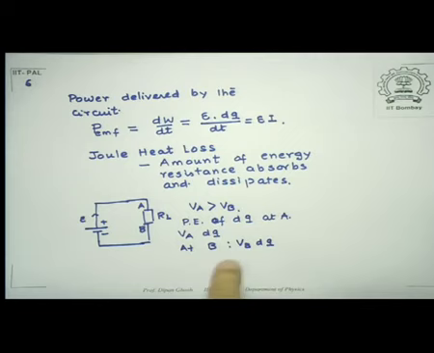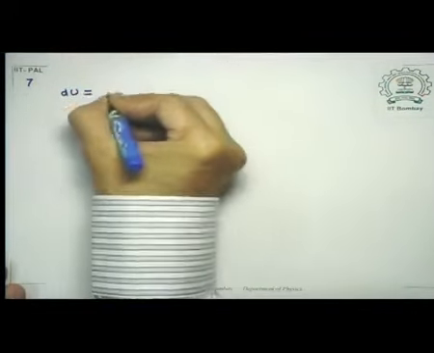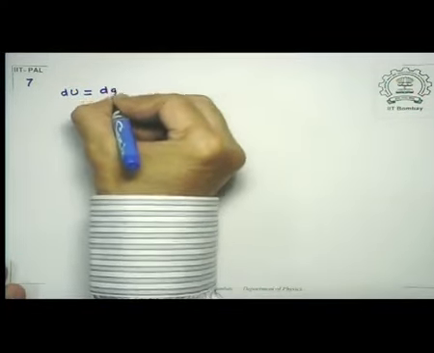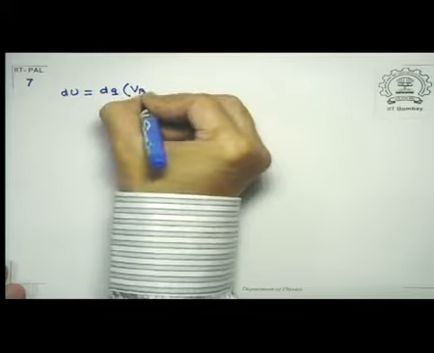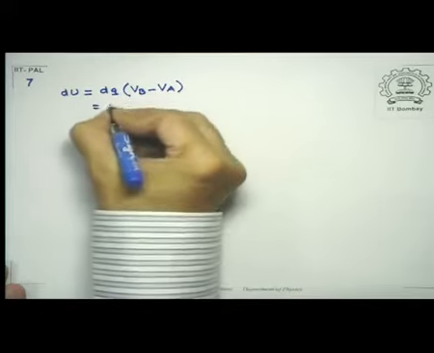So what has happened is, there has been a change in the potential energy. And normally we define change as final value minus the initial value. So the change in the potential energy, let's call it dU, is equal to dq times final potential minus the initial potential. Let's call this delta V.